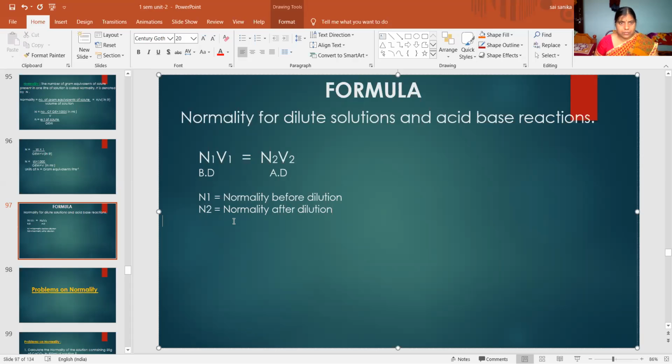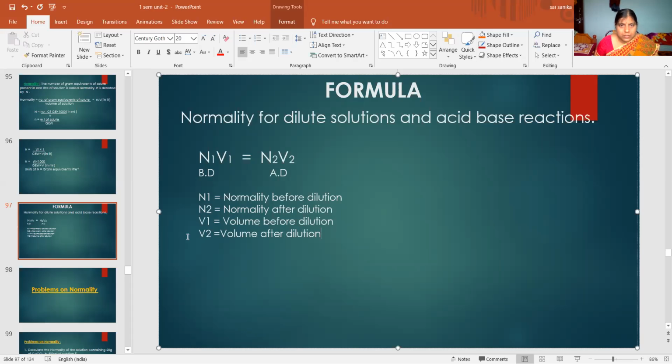Then V1 is volume before dilution. V2 is volume after dilution.